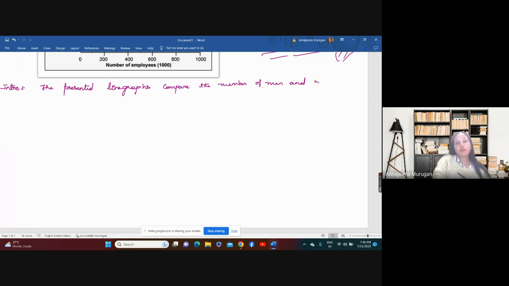Let us write the name properly. Republic of Fredonia, working in different sectors in the years 1975 and 1995 respectively.